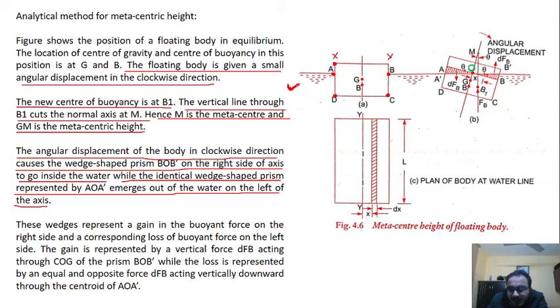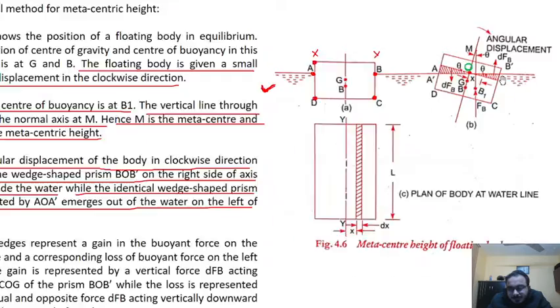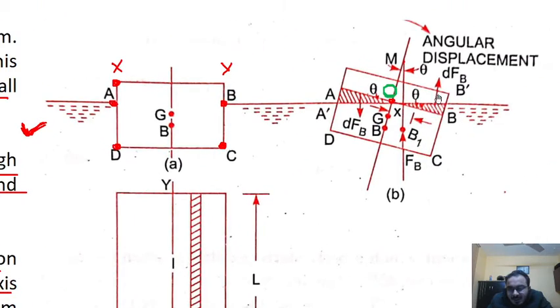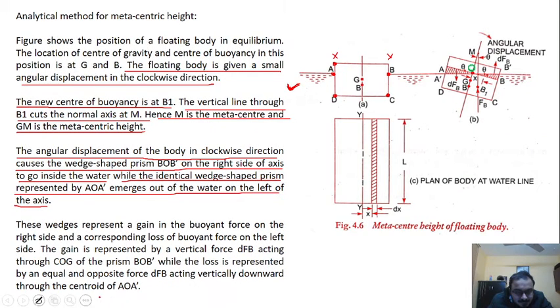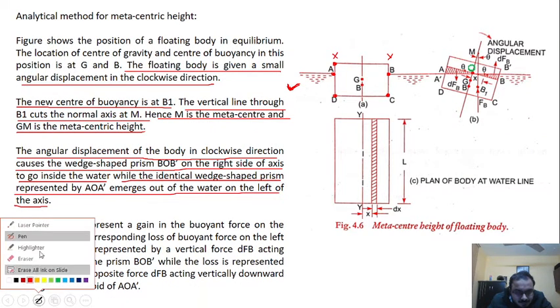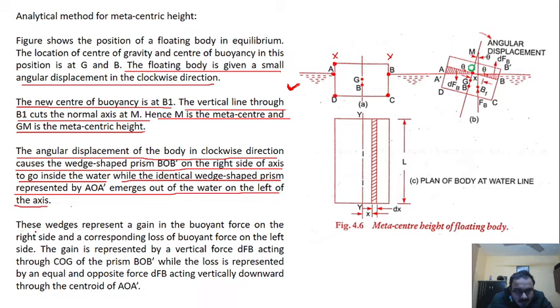As the new portion is submerged over here, there is a gain in the buoyant force by a quantity dFb. These wedges represent a gain in the buoyant force on the right side and a corresponding loss of buoyant force on the left side.